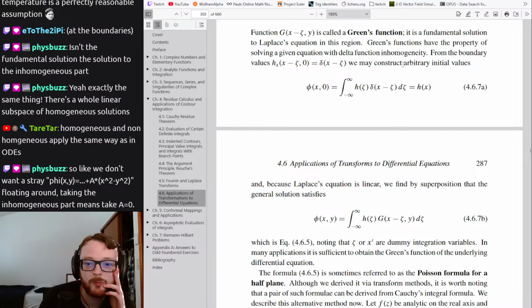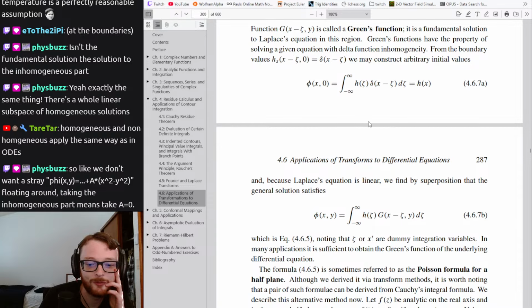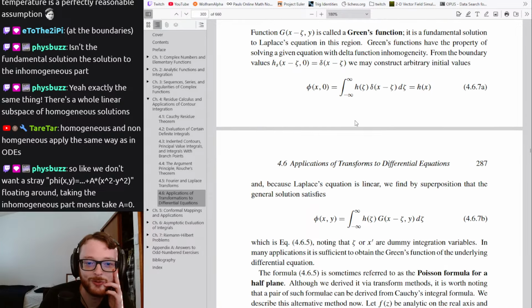We may construct arbitrary initial values. Yeah, okay, I think this is where I probably stopped reading the last time I was trying to read this.